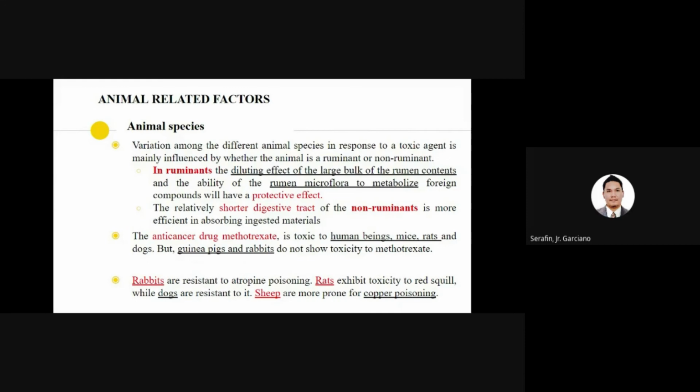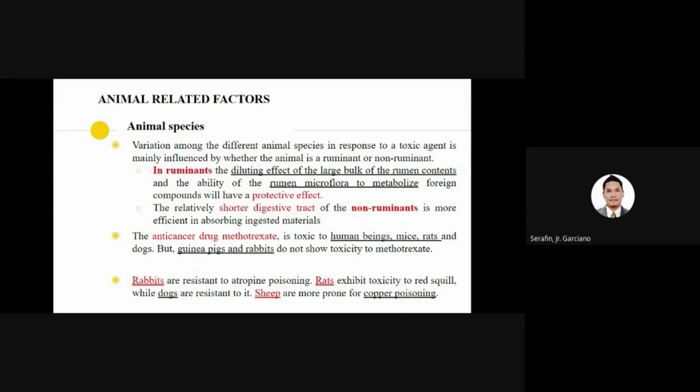Usually rats are more predisposed to this. In studies, dogs are resistant because they have a good sense of smell, and they don't like the smell of the red squill, so they are reluctant to eat it.